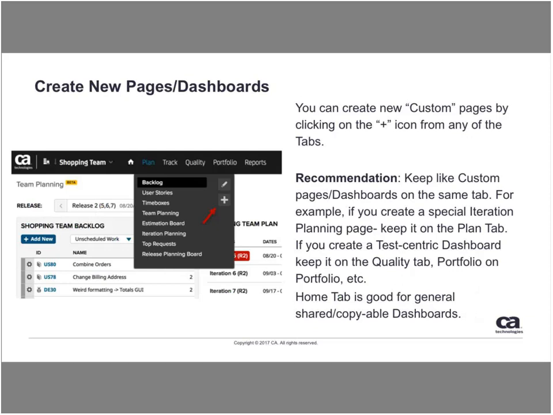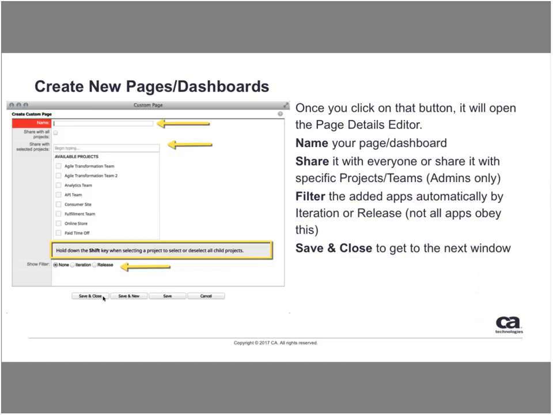If you want to put a custom dashboard that's focused on planning, I would recommend putting that dashboard under the Plan tab. By clicking on Plan, you can then click the plus bar, and that will bring up a dialog to allow you to begin defining what that page is going to be.